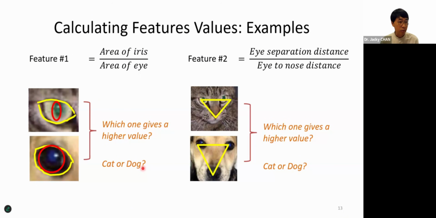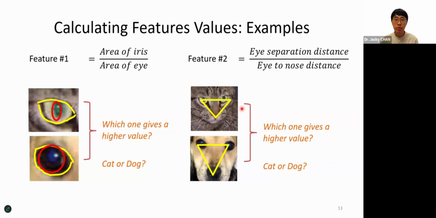You will see which one has the higher value. For the dog, the value will be higher, right? How about feature 2? This time I put the eyes-to-nose distance as the denominator. And in this way, the value for the cat will be higher.